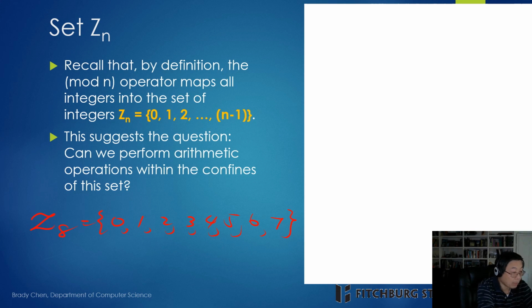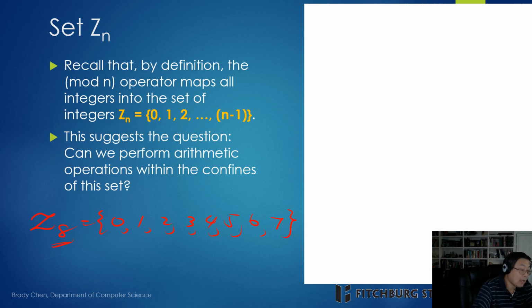Because when you do the modular operation, like a mod n, we basically get the remainder when a is divided by n. So the remainder should be smaller than n. If n is 8, when any number is divided by 8, the remainder is always smaller than 8.